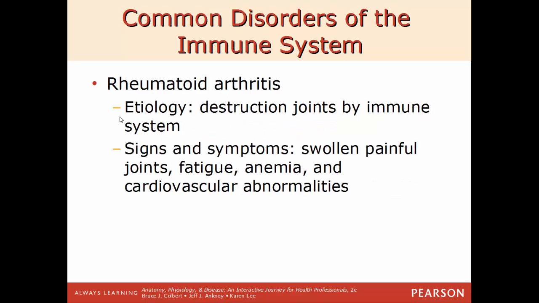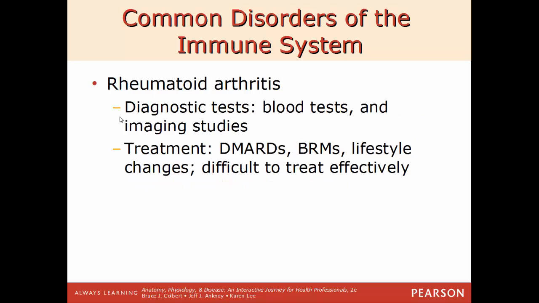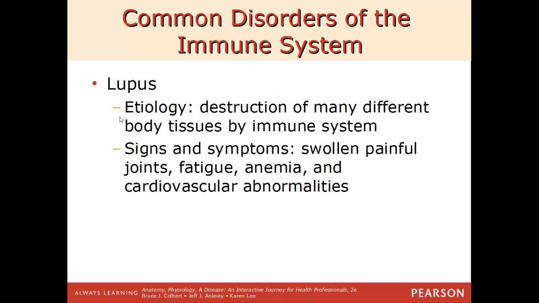Rheumatoid arthritis. Etiology is due to the destruction of joints by the immune system. Some signs and symptoms: swollen, painful joints, anemia, cardiovascular abnormalities. Some diagnostic tests: blood tests, imaging studies. Some treatments: lifestyle changes, BRMs, DMARDs, and this is often difficult to treat effectively. Lupus.